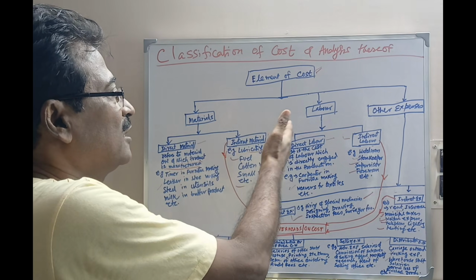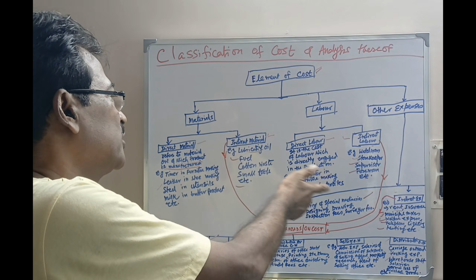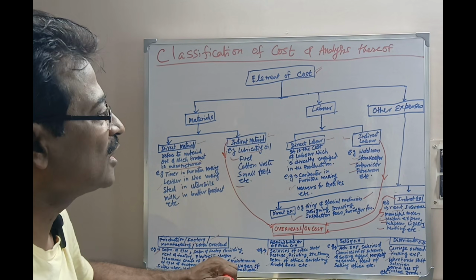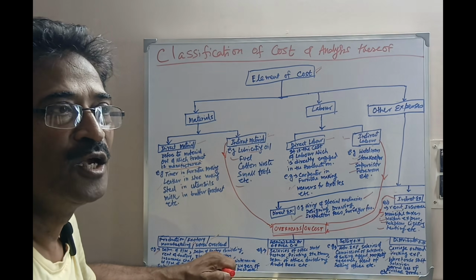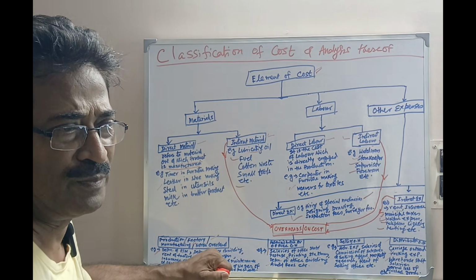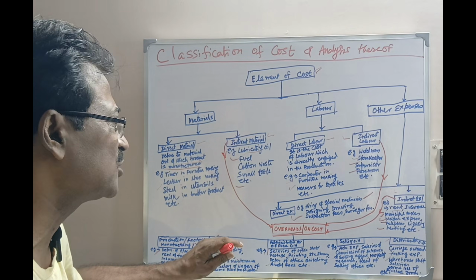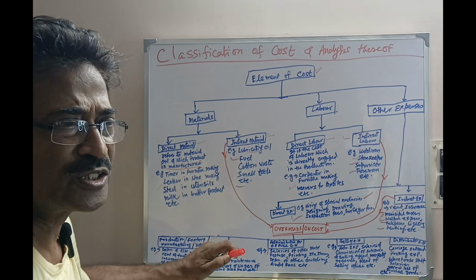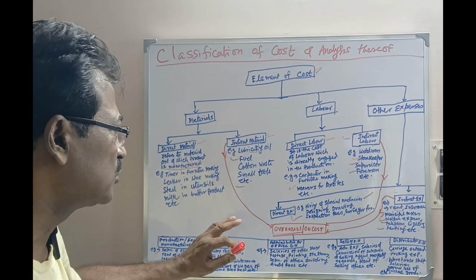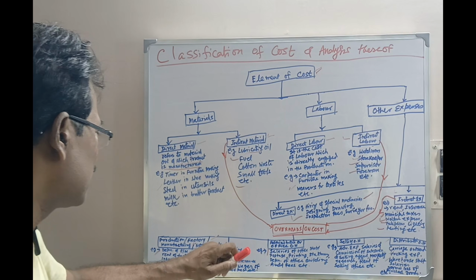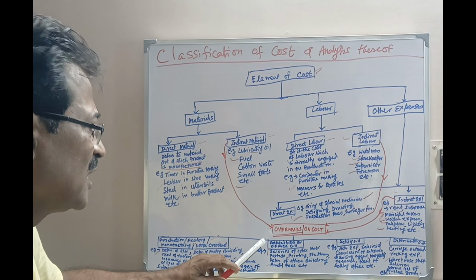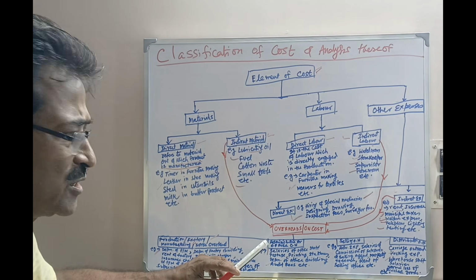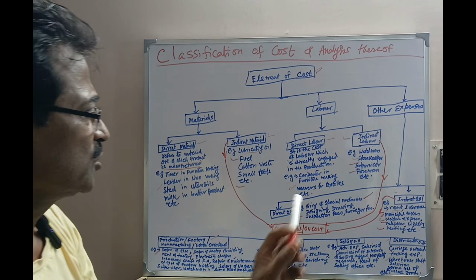It may be material, labor, or other expenditure. Indirect material, indirect labor and indirect expenses are called overhead or on cost, which is not charged directly to the product or services, but is apportioned to the cost center or cost unit on some suitable basis. So overheads can be classified into four. One is factory overhead, another one is administrative overhead, another one is selling overhead, and another one is distribution overhead.